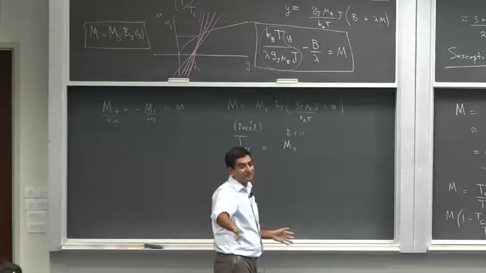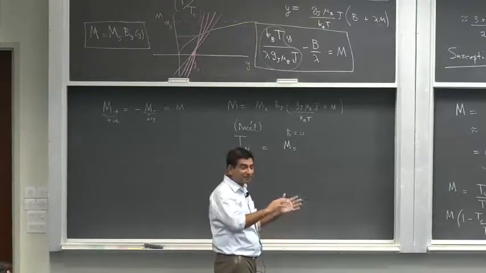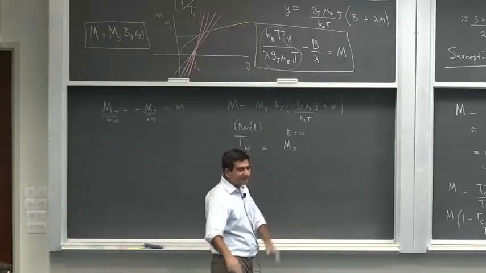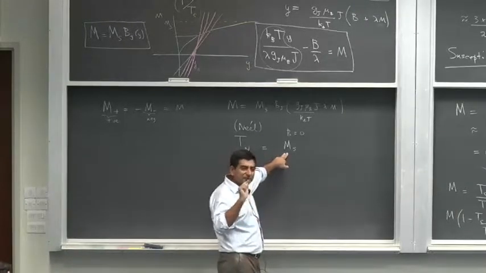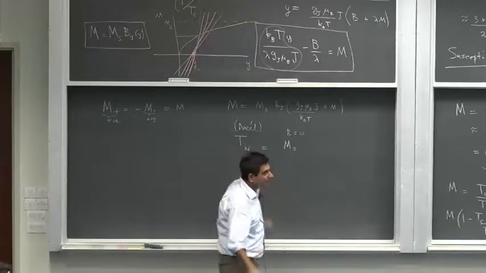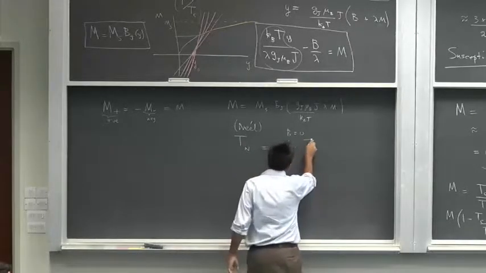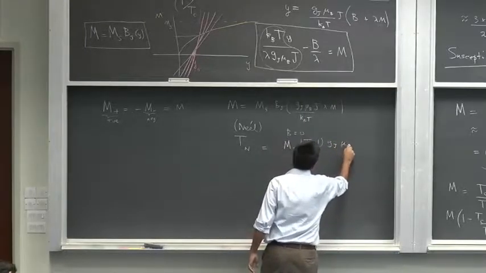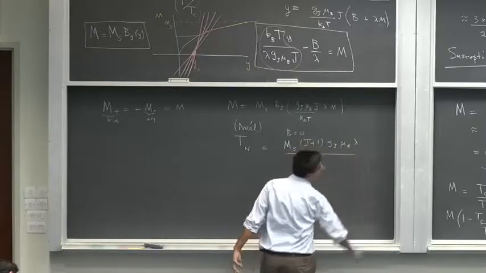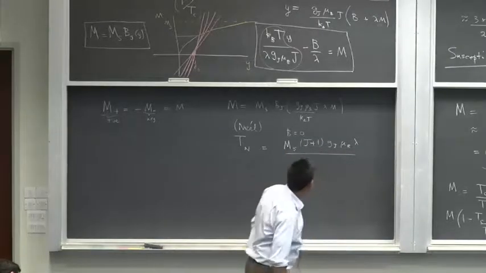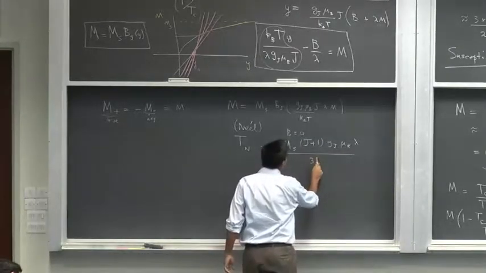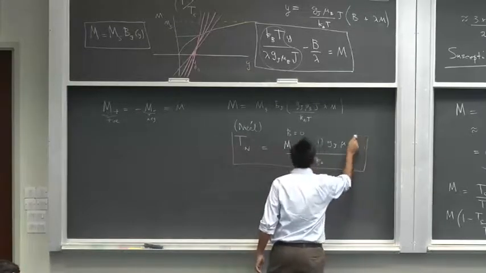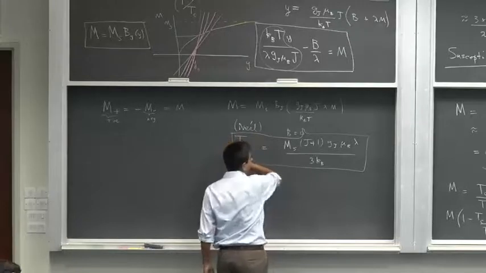Not necessarily half, because you have other kinds of spinel structures in which 1/3 are in one kind of structure, 2/3 are in the other. But nevertheless, this is the saturation magnetization for each subdomain, times (J plus 1) Gj mu B lambda over 3kB. So we can define a critical temperature, or a Neel temperature, for an antiferromagnet as well.